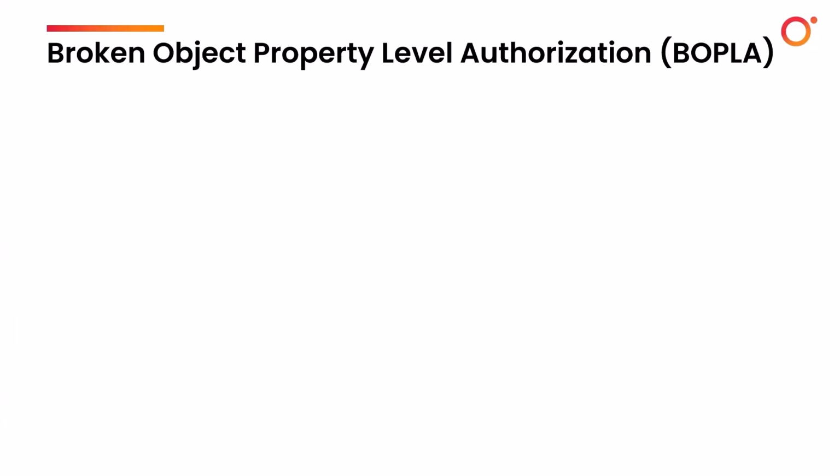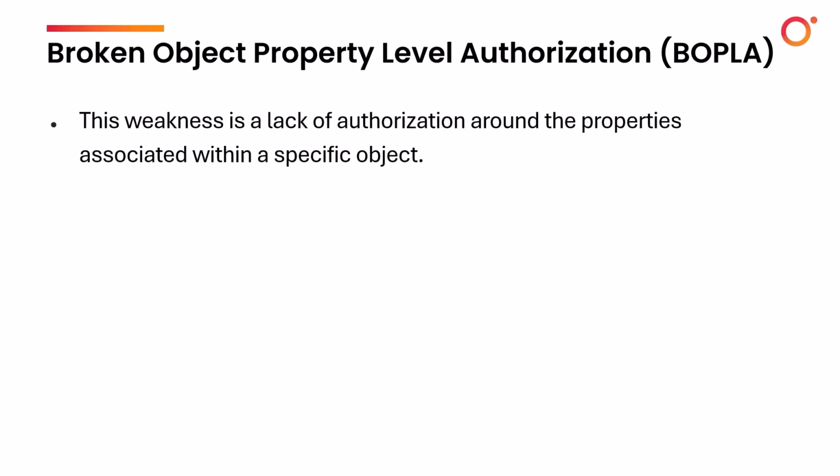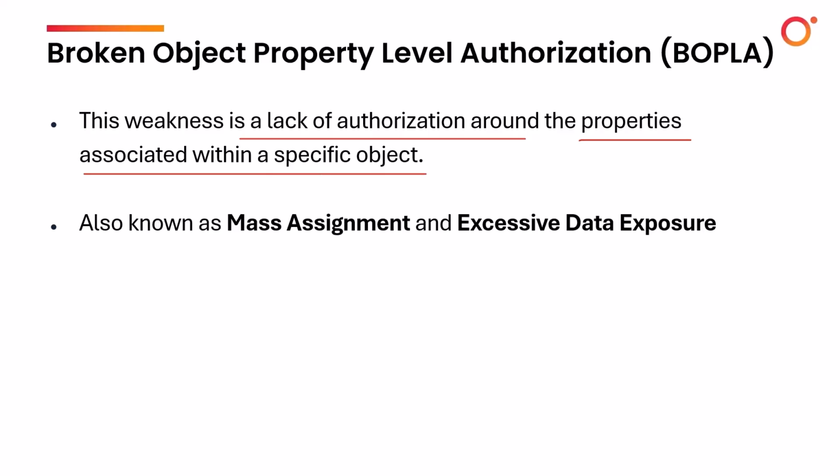Okay, so now that you understand what an object is and what the properties are, let's take a look at vulnerabilities. So here, once again, we have a lack of authorization checks, but this time it's specific to those properties that are associated with a specific object. There are two subcategories of BOPLA, mass assignment and excessive data exposure.